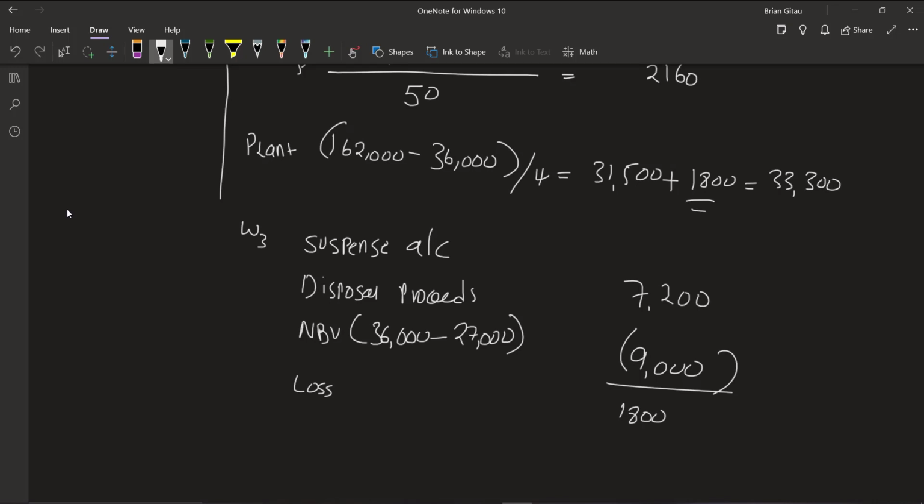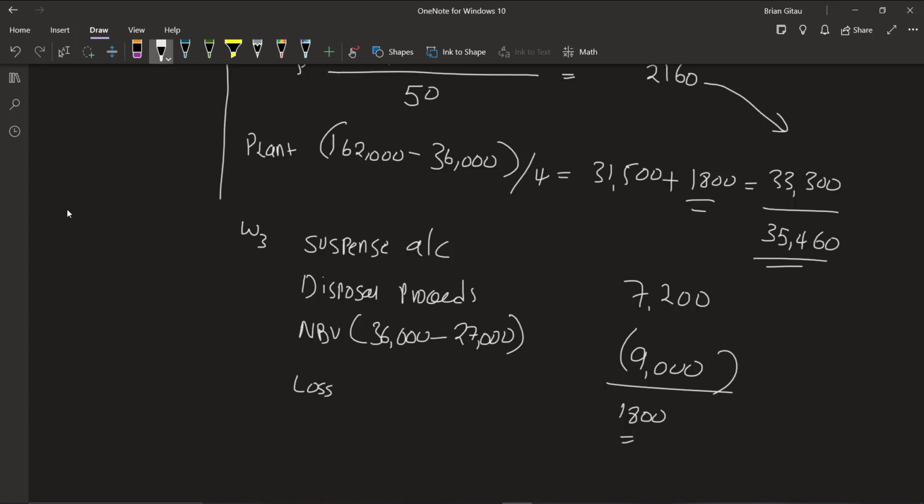We have just included this figure here. Now we get the total depreciation. We add 2160 plus 33,300. This is giving us 35,460. Now 35,460 is the total depreciation.